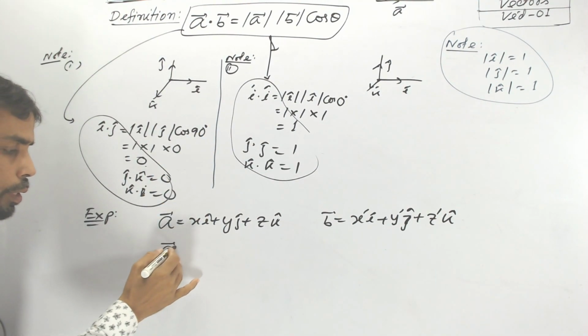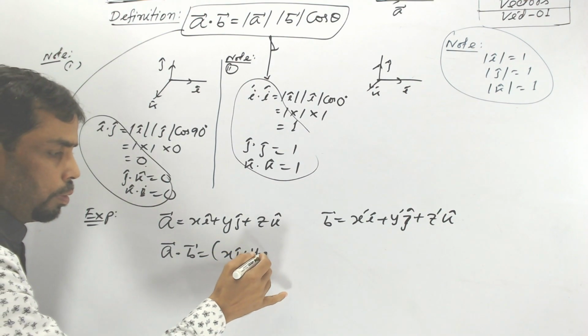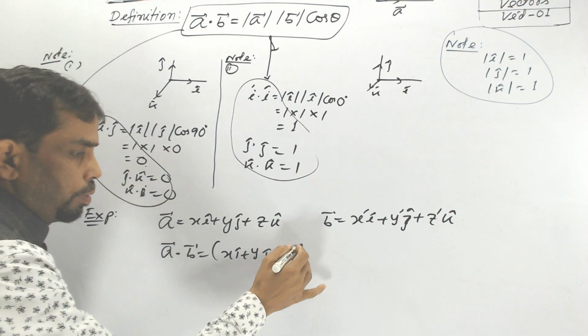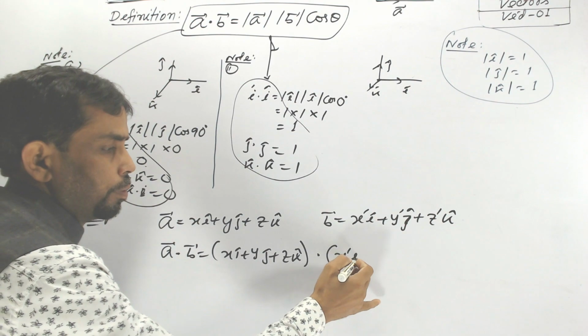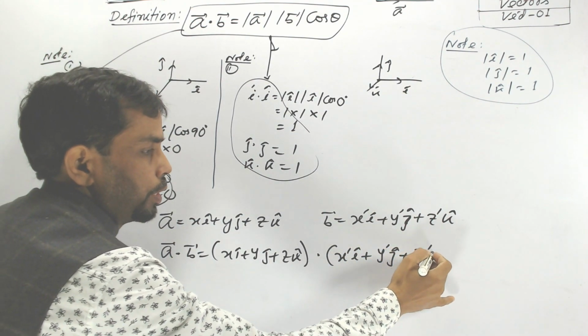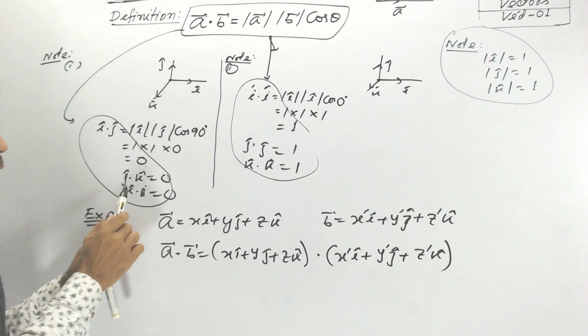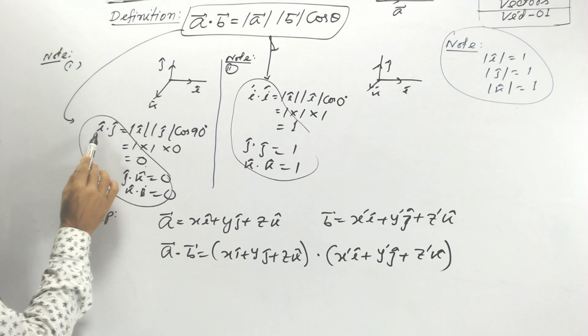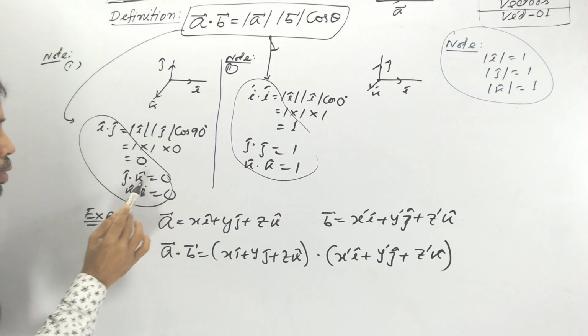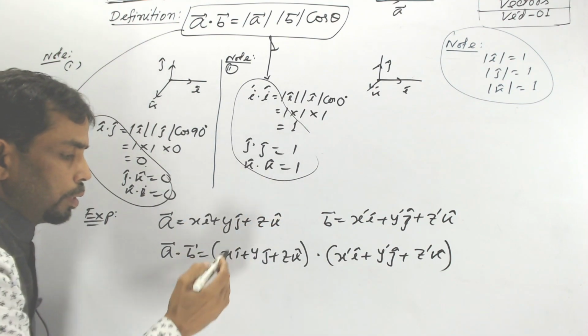Then A dot B is equal to first dot second. What we have learned here is, different ones like i j value 0, j k also 0, k i also 0, and if we take the same, then 1.